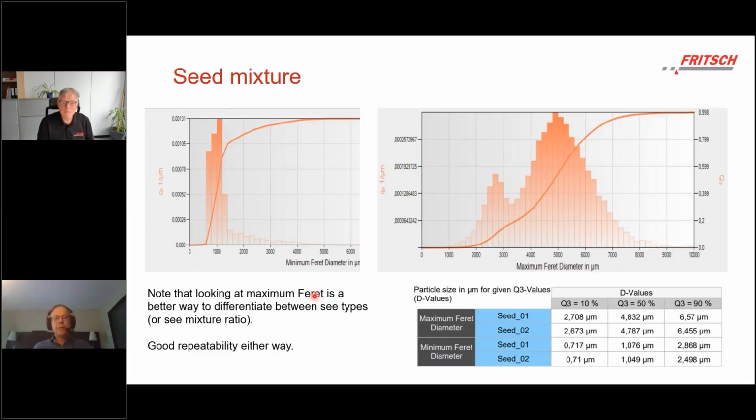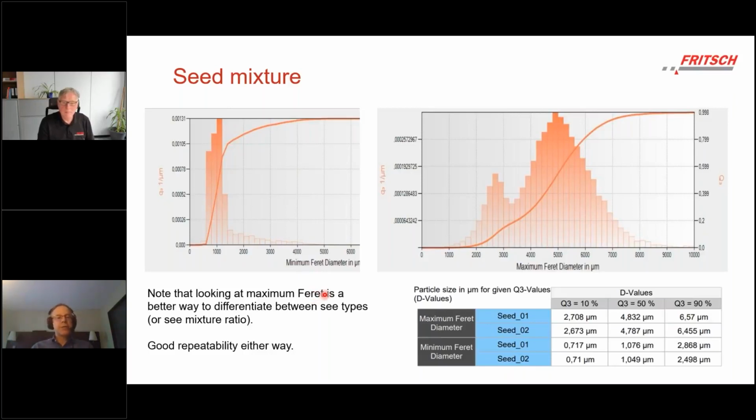Let's move to something that's reasonably interesting. This is really interesting in the sense of looking at these different size measures. This is a mixture of seeds, and it's several different plant seeds, and so they're different sizes.